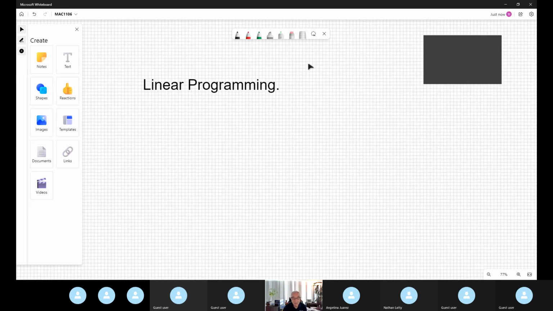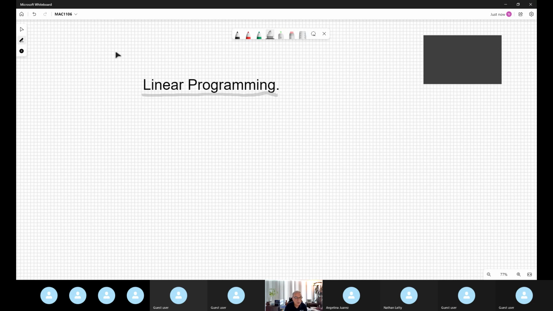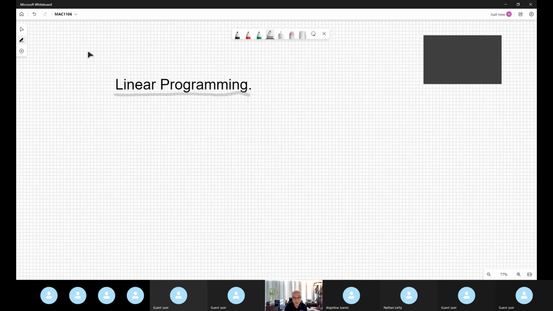This is the problem, guys. And of course, it's linear. When you're talking about linear, it's because our graph is a line or it's flat, not curvy. Now the linear programming problem consists of two parts.